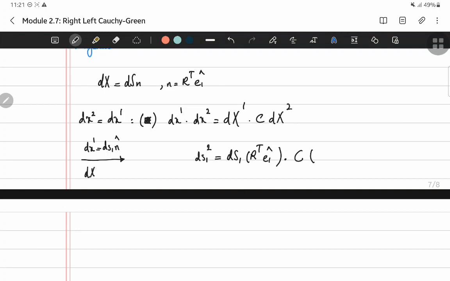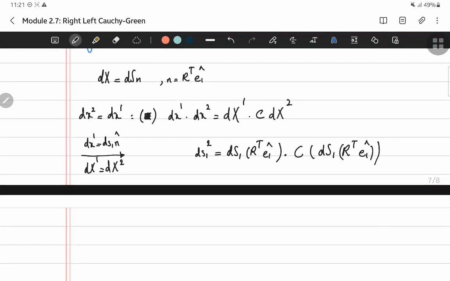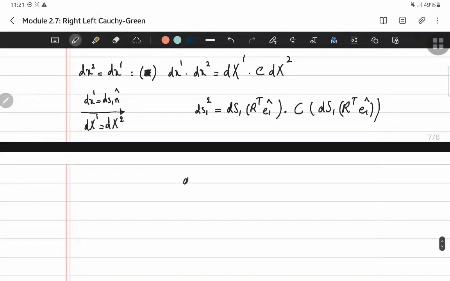So here d capital X1 is equal to d capital X2. So I have d capital S1 R transpose E1 again. So I have ds1 squared is equal to d capital S1 squared times R transpose E1 dot C R transpose E1.